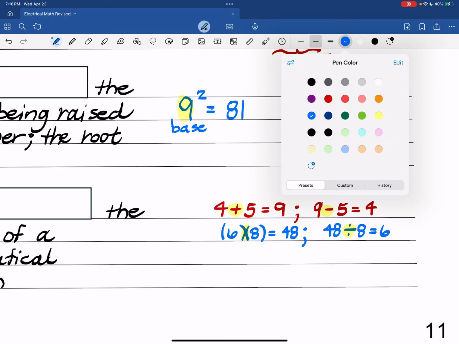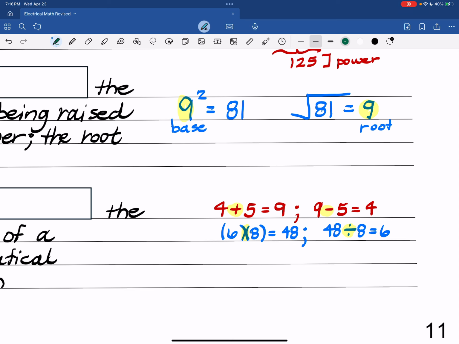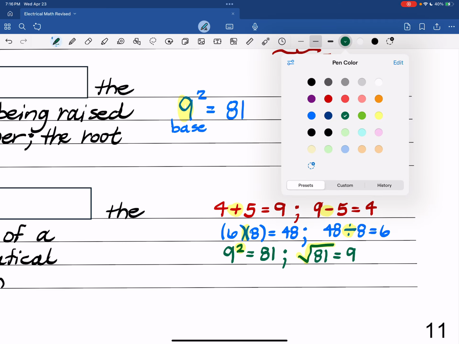You just learned another set of these up above when I told you that 9 to the second power is 81, and the square root of 81 is 9. Because squaring a number and taking the square root are inverses. I'm going to go ahead and throw this one in. It won't make much sense right now, but it will down the line.